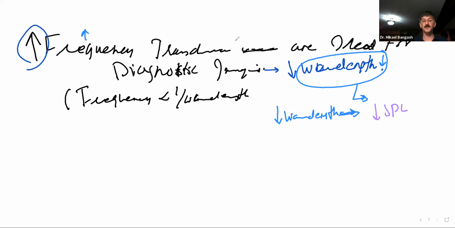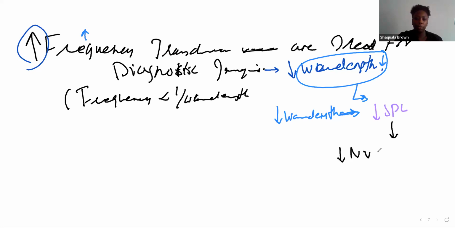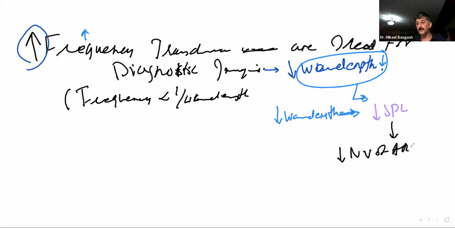What will that lower spatial pulse length give you? A lower numerical value of the axial resolution, right? Yes. Good. And what did we say about a low numerical value?